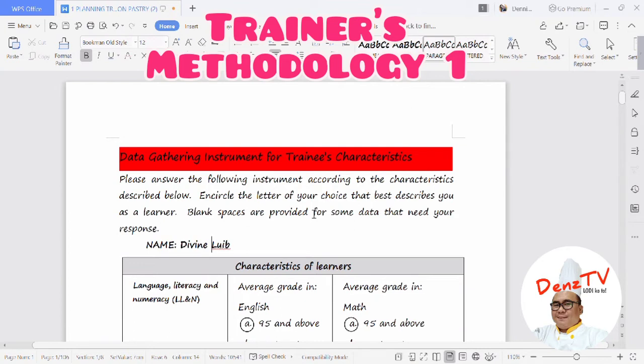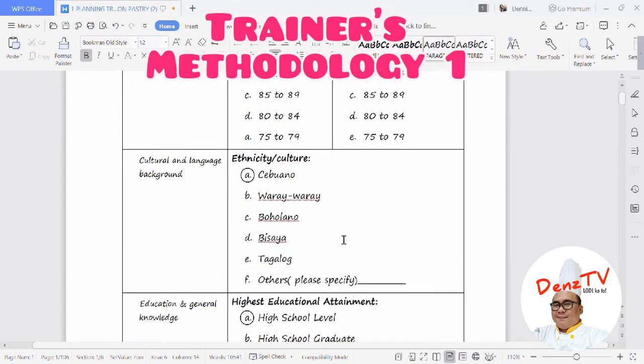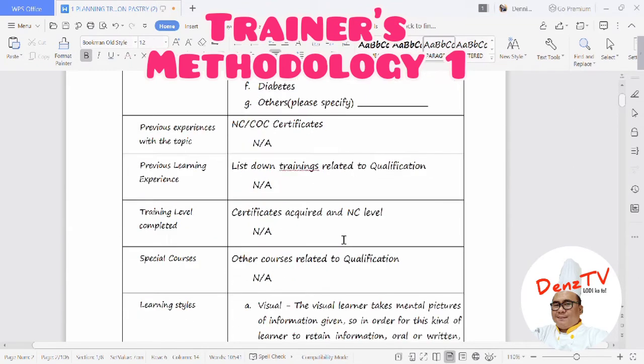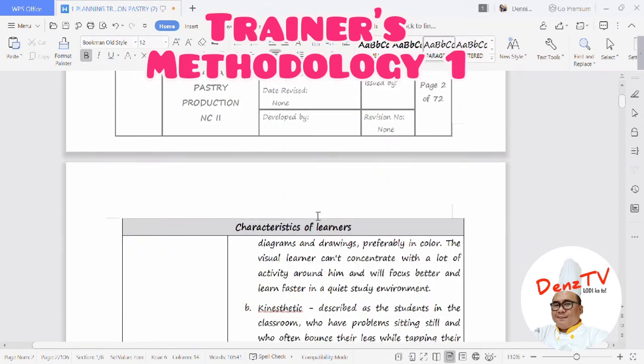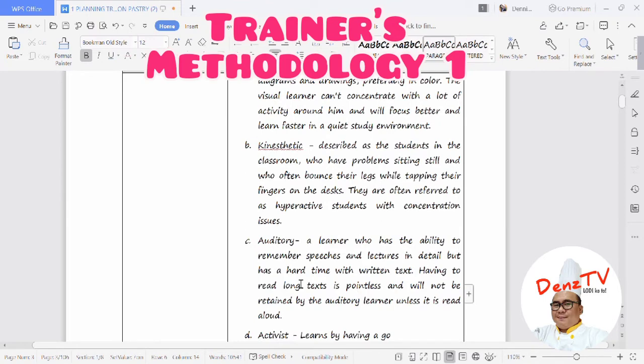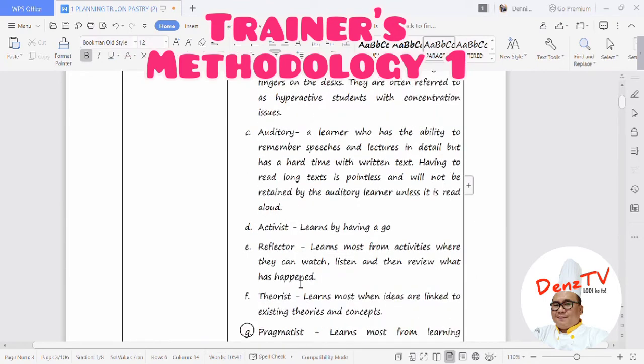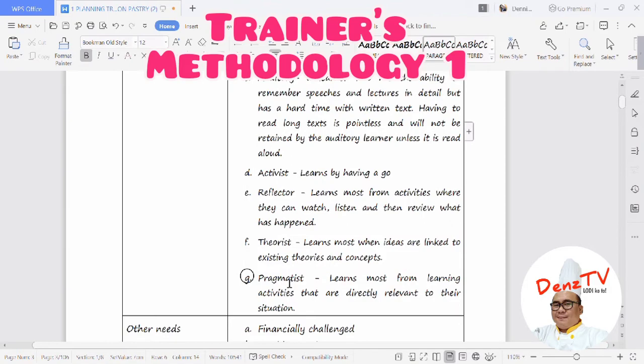One important part of planning a training session is to analyze trainees so that the training suits their ability level. Next, it suits their learning styles and preferences. Speaking of learning styles, there are a lot: visual, kinesthetic, auditory, activist, reflector, theorist, pragmatist.